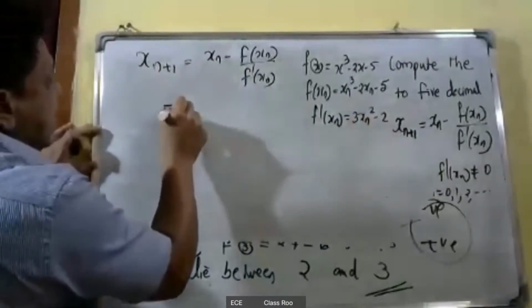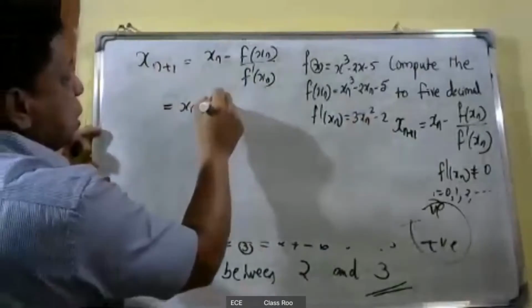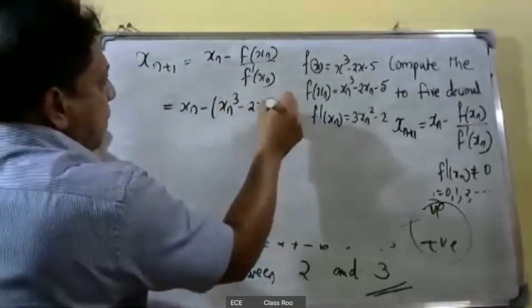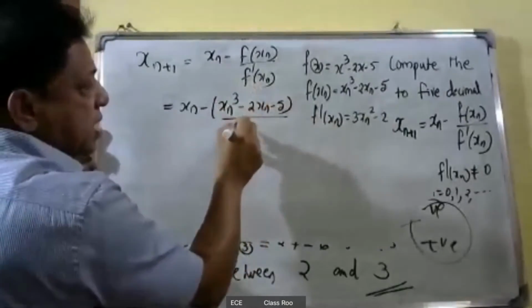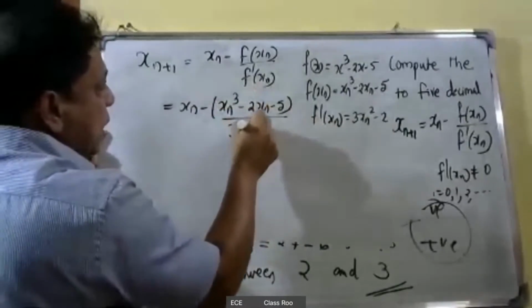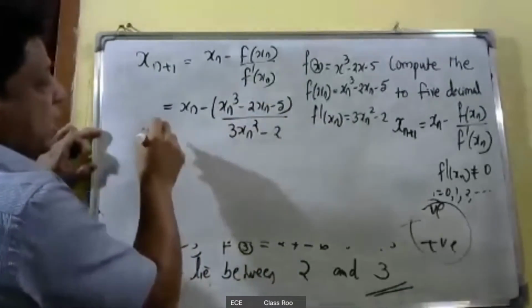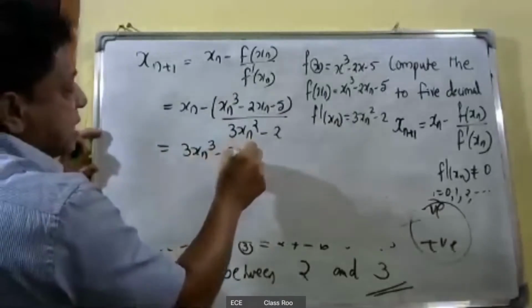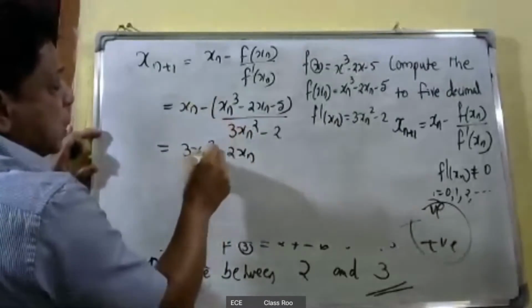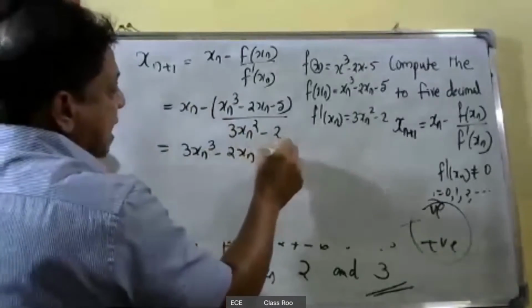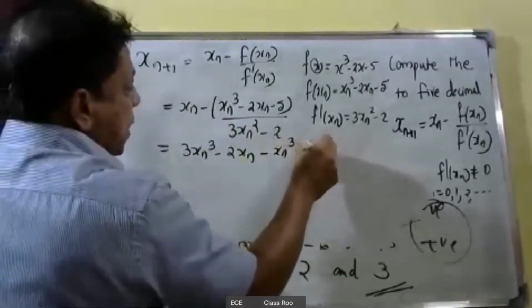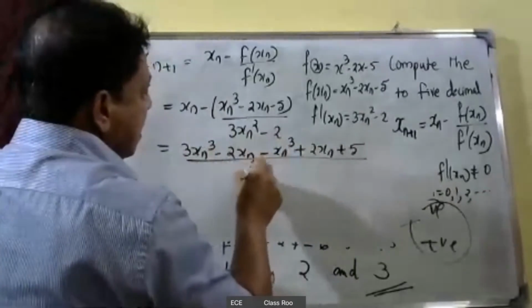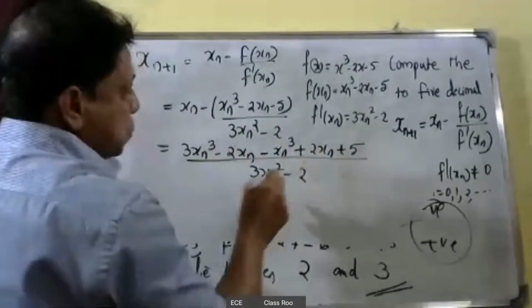Substitute here. We get xn minus f of xn by f dash xn is equal to xn minus xn cube minus 2xn minus 5 divided by 3xn square minus 2. Simplifying this, cross multiply: 3xn cube minus 2xn minus xn cube plus 2xn plus 5 divided by 3xn square minus 2.